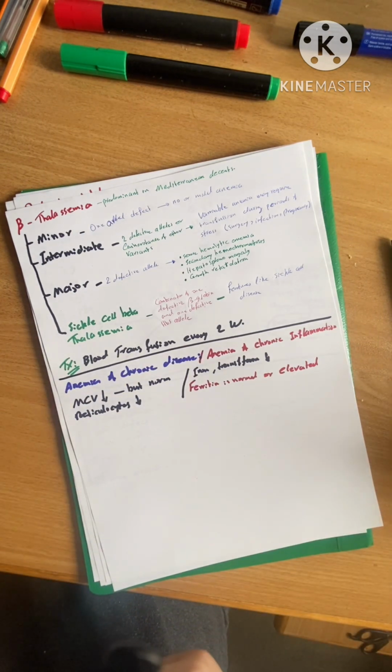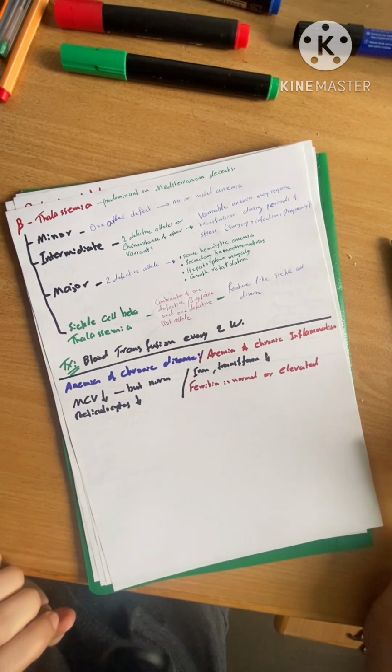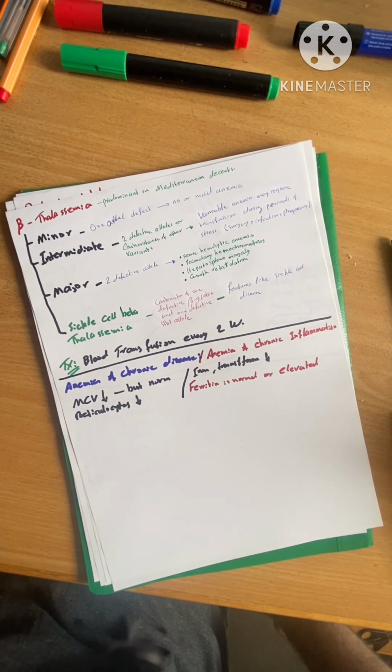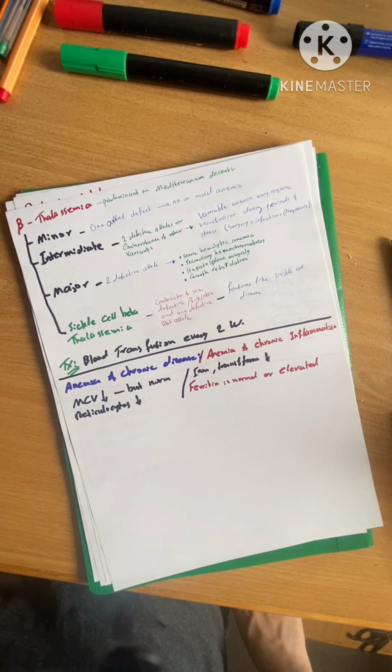Why is it elevated? Because in inflammation we have macrophages in the body, so ferritin will be stored there.